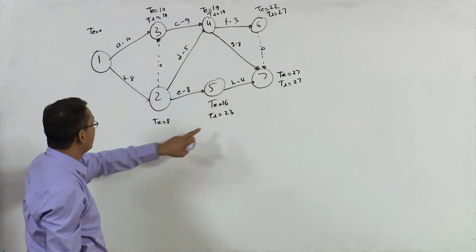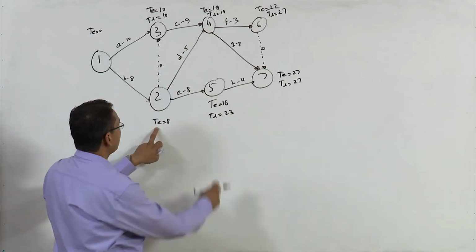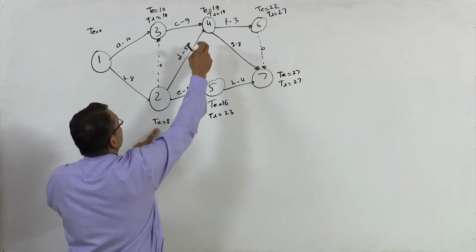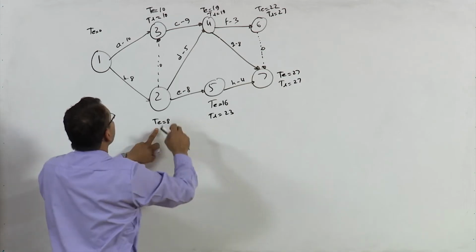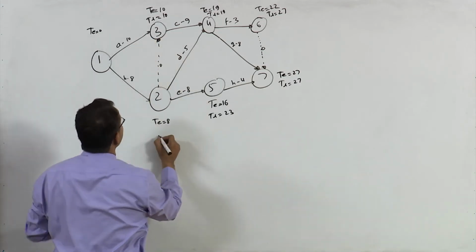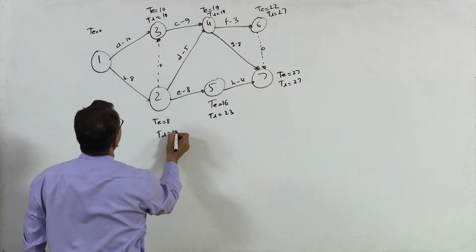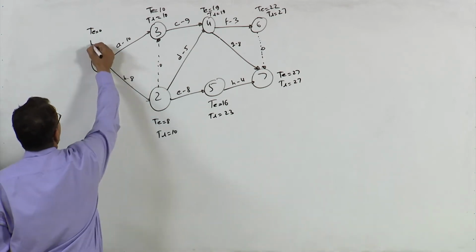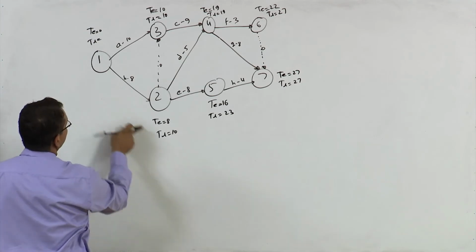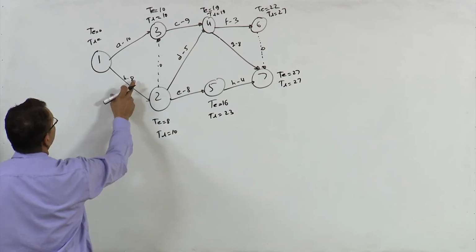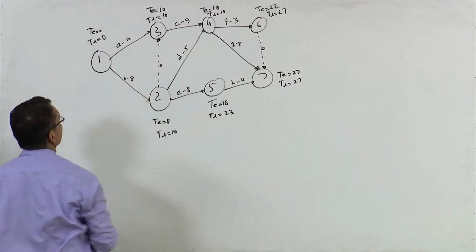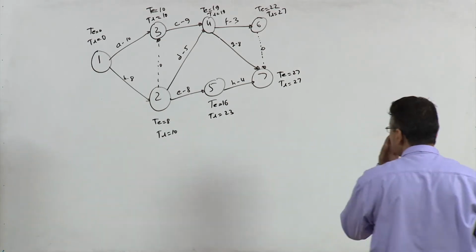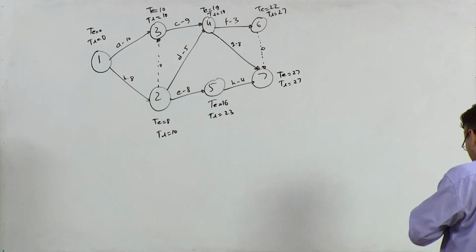So now at this point, from this source, 23 minus 8 is 15, 19 minus 4 is 14, and 10 minus 0 is 10. So TL would be 10 at this node, right? And finally TL here would be, from this it would be plus 2, and from here it would be 0. So with this we have calculated all these TLs and TEs.